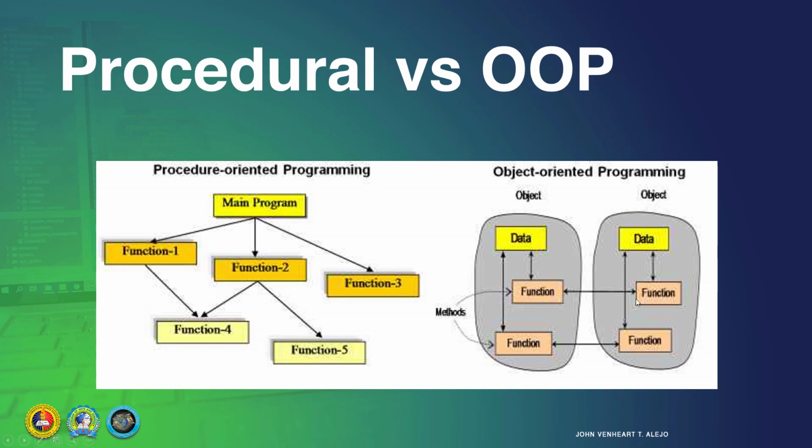As you can see also, even though they have separate objects, every function of the objects is being connected if you want to, di ba? In here, this should be a main program that has connections with every function, and what happens if function 2 breaks, function 5 will not work.